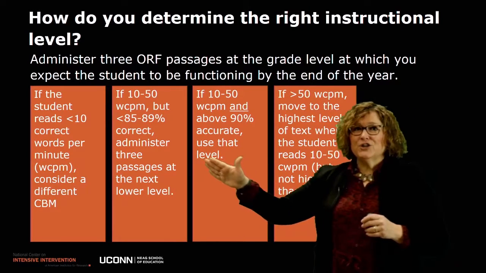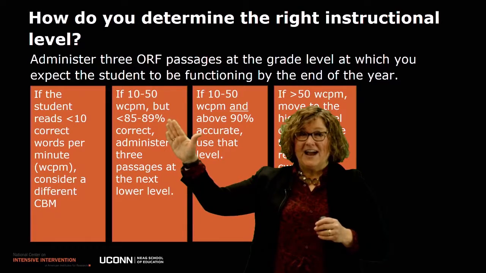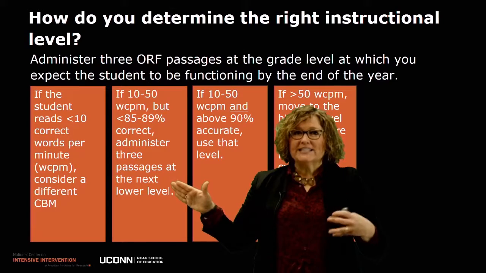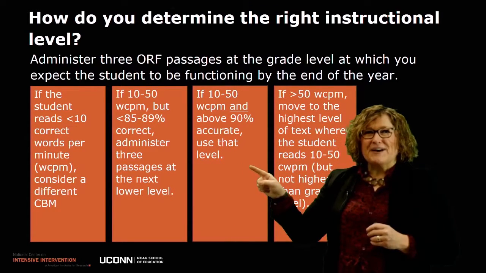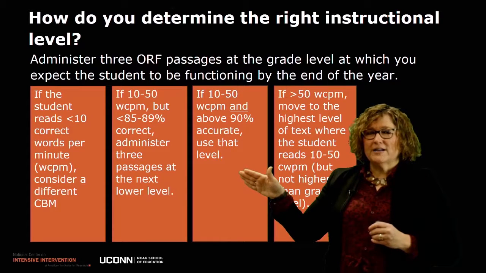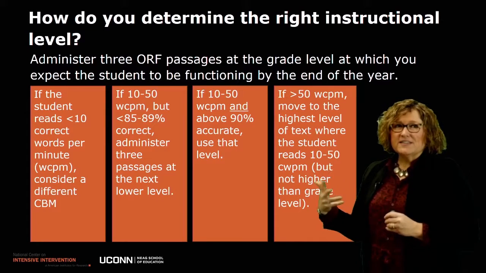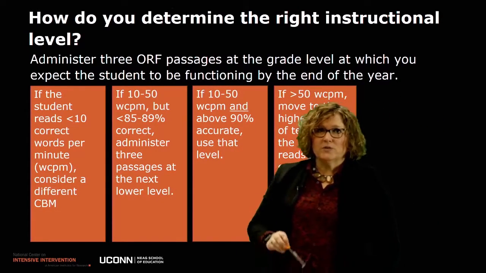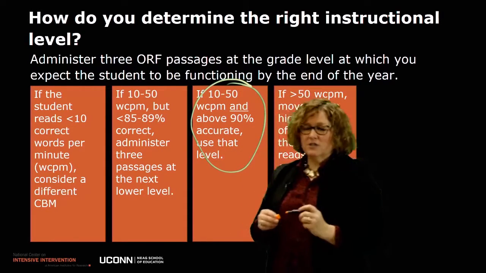But if the accuracy is too low, like 85 to 89%, we need to drop down a level and try to get that accuracy to improve. Here's what we're shooting for: 10 to 50 words correct per minute and above 90% accuracy. That's really the range we want to be in. So right here, that's where we would say, yeah, we think that's a pretty good level to use.